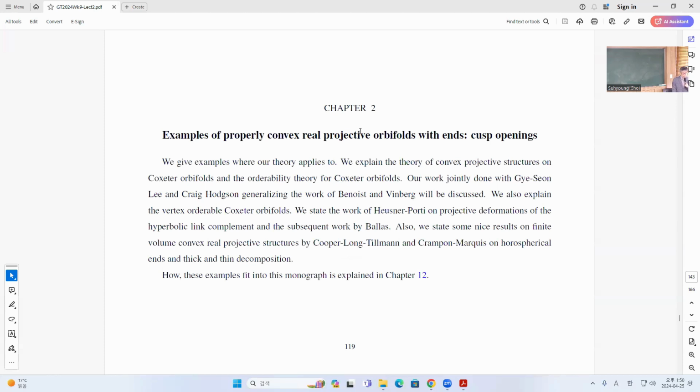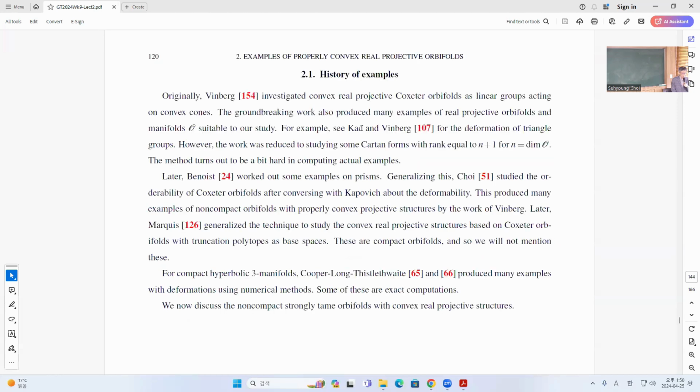And this is just a survey of some previous results here. Basically, Vinberg studied Coxeter orbifolds, and Benoist generalized the work on prisms.